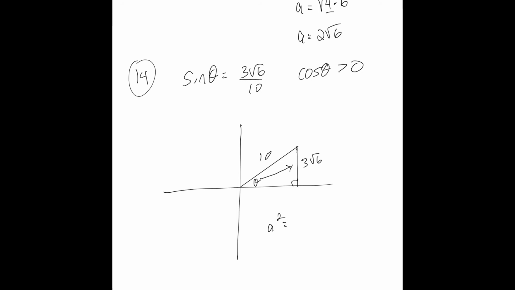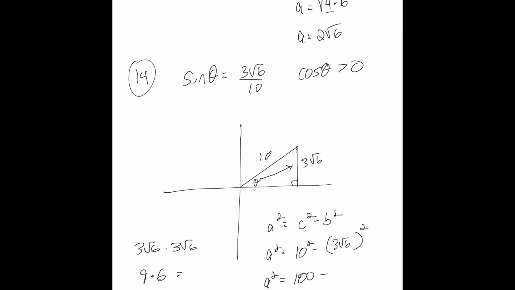So a squared equals c squared minus b squared. A squared equals c squared, 10 squared, minus 3√6 squared. So a squared is 100 minus. If I square 3√6, that's 3√6 times 3√6. Well, 3 times 3 is 9. √6 times √6 is 6.